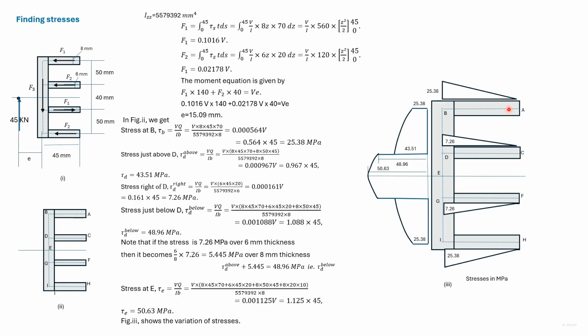The stresses have been plotted here. The tau xz stresses vary linearly and the tau xy stresses vary in a parabolic manner. At D, this is the stress just above and this is the stress just below.